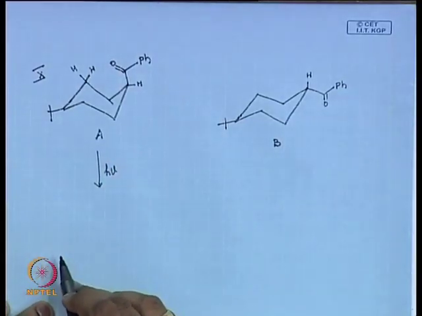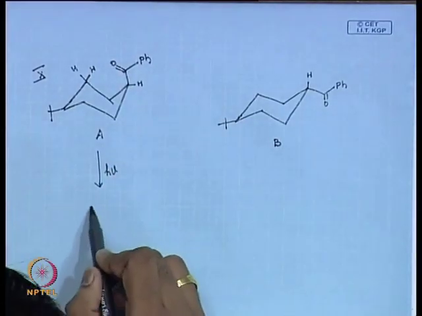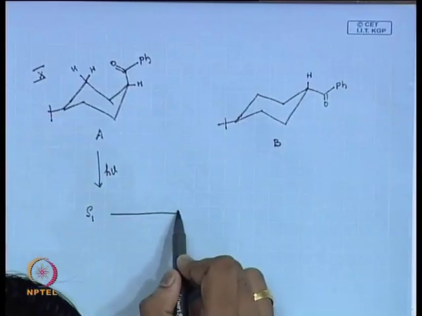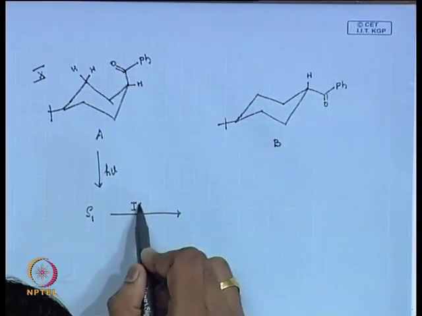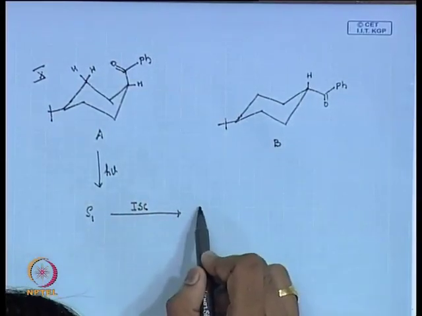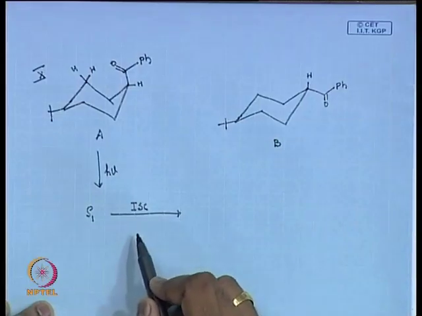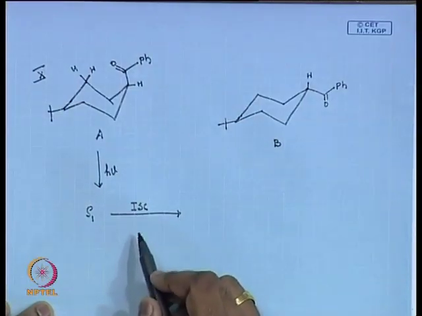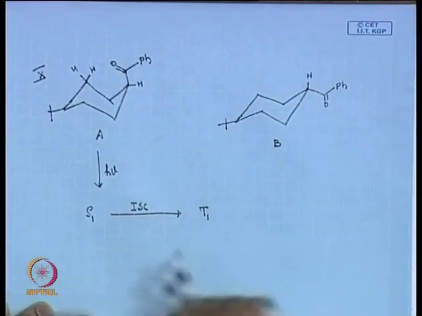Like this, photolysis, I get an S1, then it undergoes a nice intersystem crossing, because it is an aromatic type of ketone, to triplet.